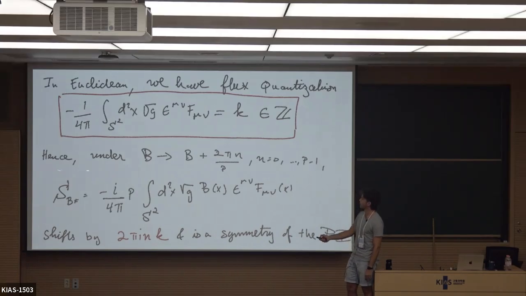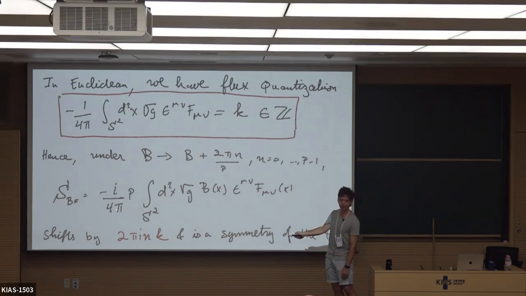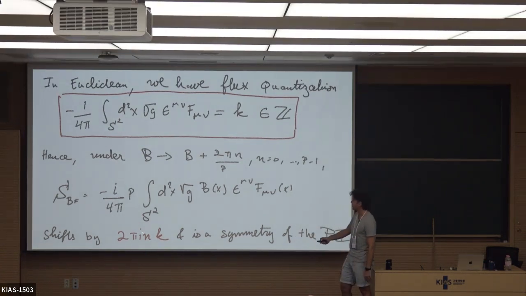And hence we immediately see that if I shift B by an integer n times 2 pi divided by p, then this action shifts by the following number, 2 pi i n k. So 2 pi i times an integer. So the action is not invariant under such a shift, but because we exponentiate the Euclidean action, the whole theory is invariant.